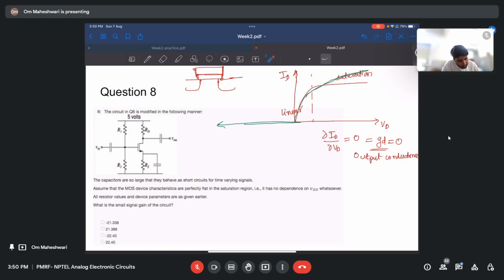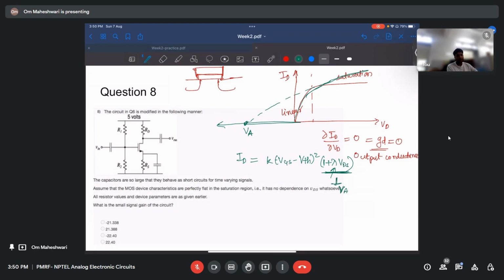Do you know what early voltage is? Early voltage is where the curve, when extended, comes out to be when the current is 0. We call it early voltage, VA. Due to channel length modulation, ID becomes K times (VGS minus VTH) whole square into (1 plus lambda VDS), right? You might have seen it somewhere if you have done any devices course. This lambda is nothing but 1 by VA.